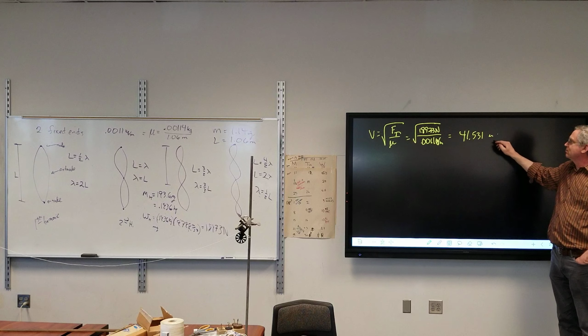Well, I know that the speed is also equal to the frequency times the wavelength. So that's the frequency times 0.903 meters. And so my frequency should be 41.531 divided by 0.903. This is meters per second. This is meters. We're going to come out a little low here, I believe.